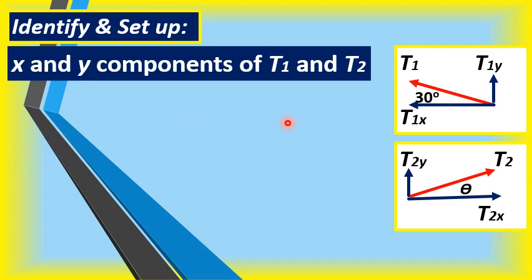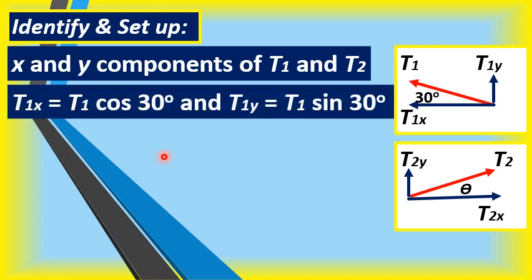The x component of T1, T1x, is equal to T1 times the cosine of 30 degrees, and its y component is equal to T1 times the sine of 30 degrees.